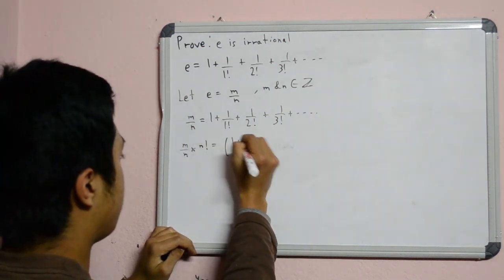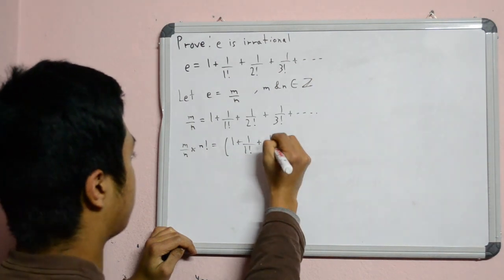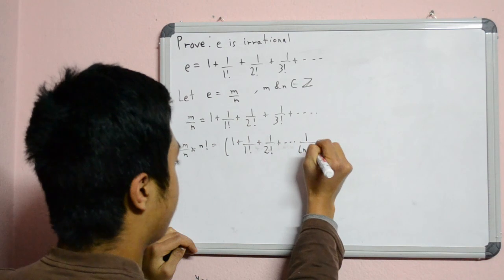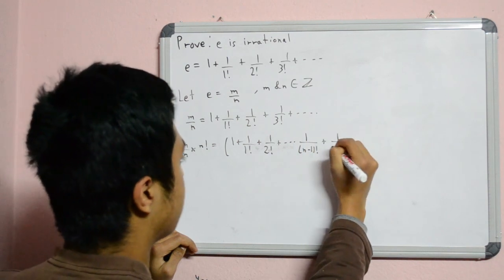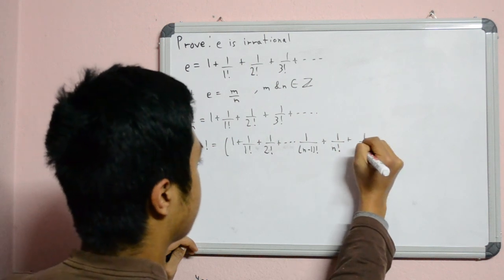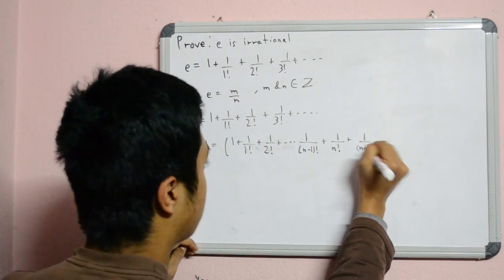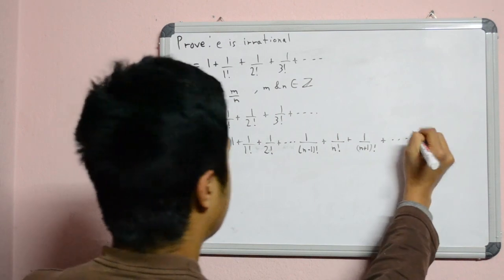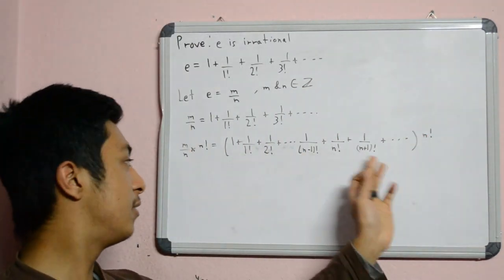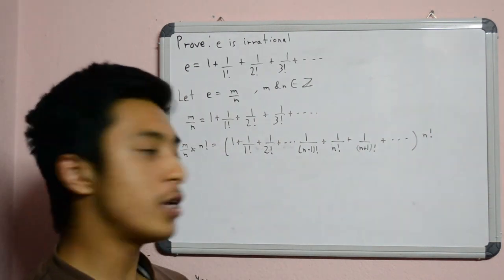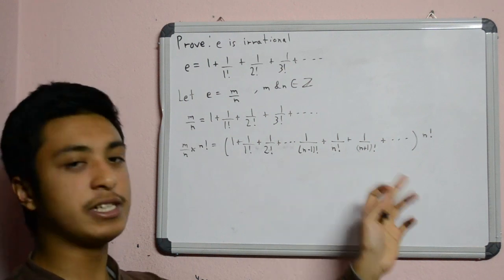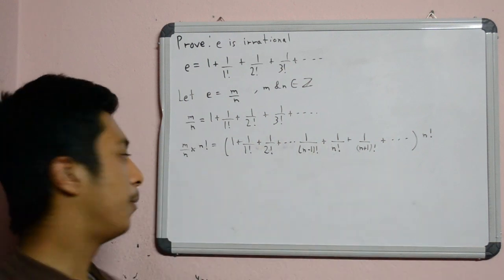So we have 1 plus 1 by 1 factorial plus 1 by 2 factorial plus up to 1 by (n minus 1) factorial plus 1 by n factorial plus 1 by (n plus 1) factorial and so on, all times n factorial. Since this is an infinite series, of course there will be a point where 1 by n factorial and the preceding and succeeding terms come up.